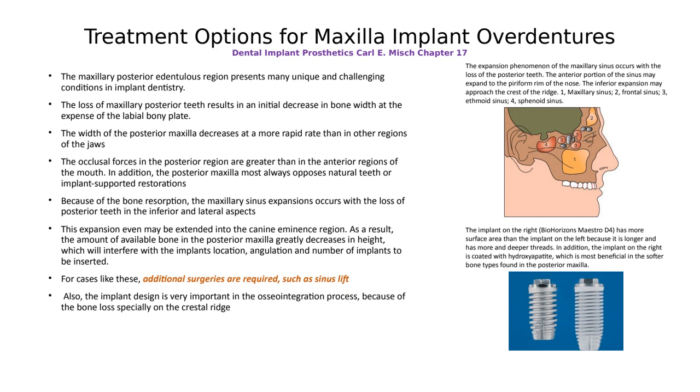Because the bone is shrunk, reduced, we may not be able to use implants that are longer or wider, right? So it is the oral surgeon who decides what type of implants should be placed based on the quality of the bone.